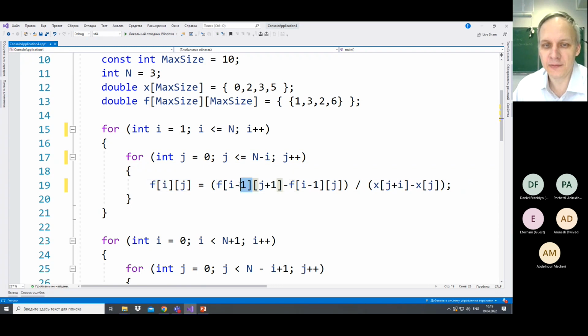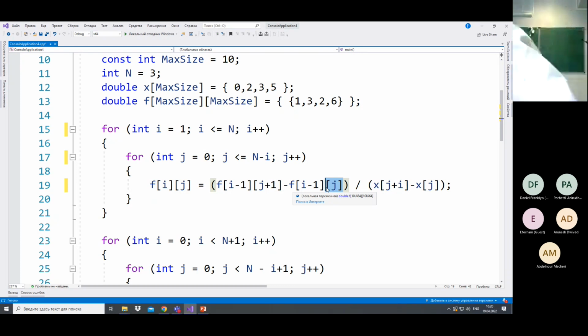I should take the value from the previous row and j plus 1 minus f of j.